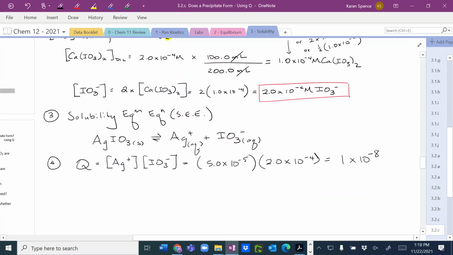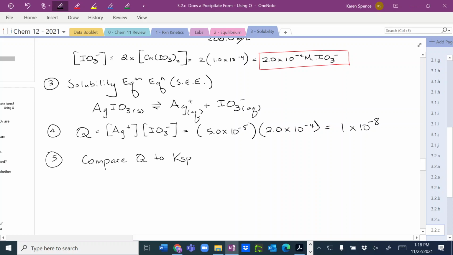So we found our Q. What do we do with the Q value? We compare it to Ksp. So Q is 1 times 10 to the negative 8.